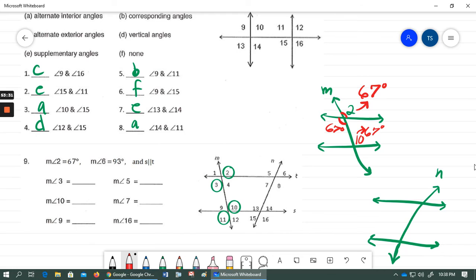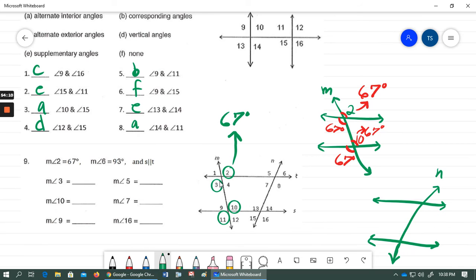And guys, the angle that is directly across from angle 10 would be a vertical angle with angle 10. That angle would be 67 degrees as well. So those 4 angles that I've got circled in green right here, angle 2, angle 3, angle 10, angle 11, all 4 of those angles will be 67 degrees.